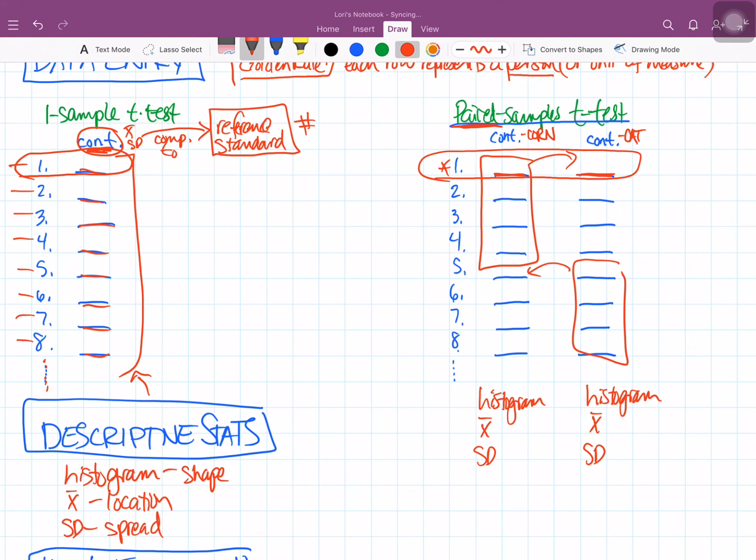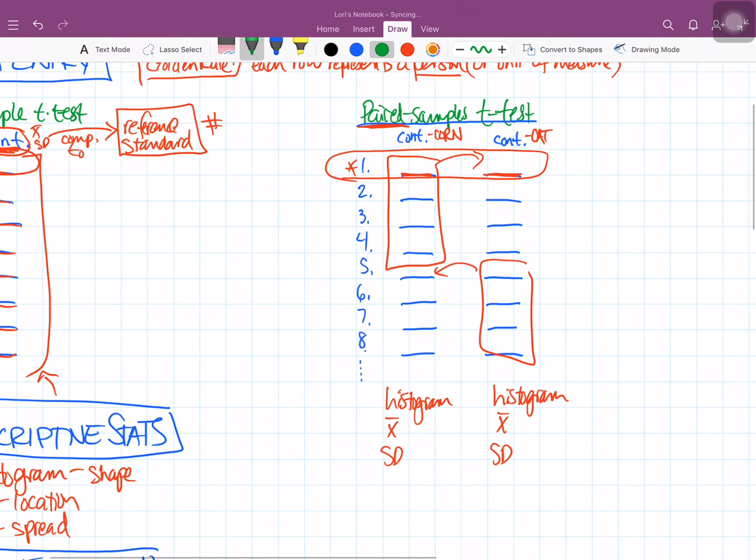Now the big important thing is that behind the scenes, without anybody knowing about it, what SPSS, or any computer program that calculates this paired samples t-test, does is actually use something called the difference score. I'll call that diff here. The difference for the first person between when they were eating cornflakes and oat flakes is going to be some number.